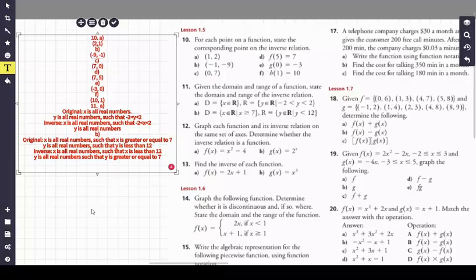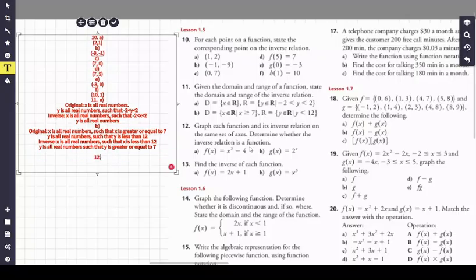Graph each function and its inverse relation on the same set of axes. Determine whether the inverse relation is a function. We're only going to do this algebraically, because I don't want to graph it, and you should do that on your own. Graphing should be really easy. This is obviously a quadratic, 12a right here. What we know about a quadratic function is that if we inverse it, it will have 2 branches: a top branch being the positive square root, and a bottom branch being the negative square root.